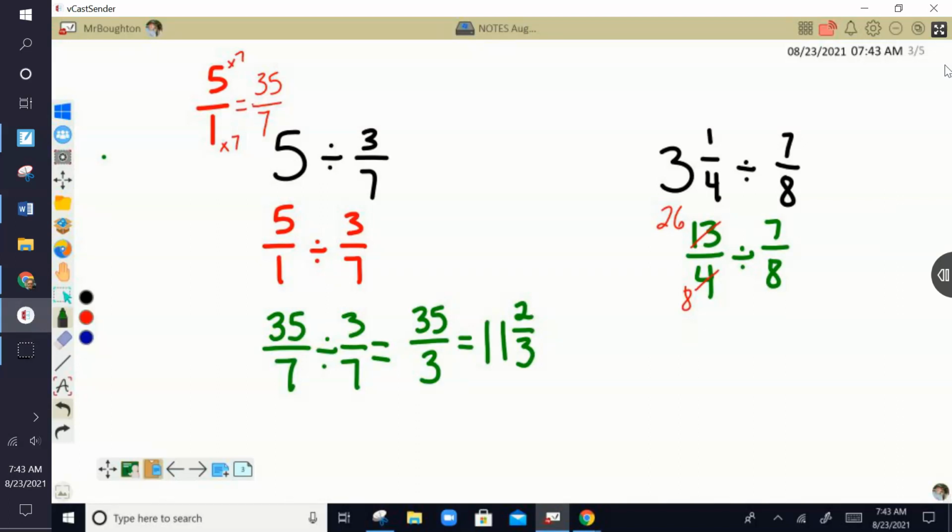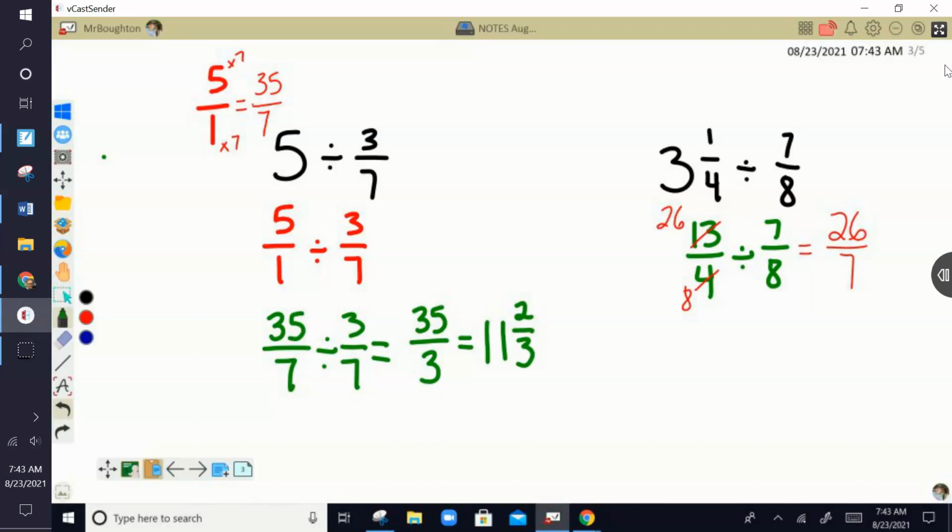So the answer, I'm only looking at the numerators. 26 divided by 7. And I'm going to write that in fraction form, 26 divided by 7. Remember the denominators, we don't have to worry about those because 8 divided by 8 is 1. We could take that out. We don't have to see a denominator of 1.